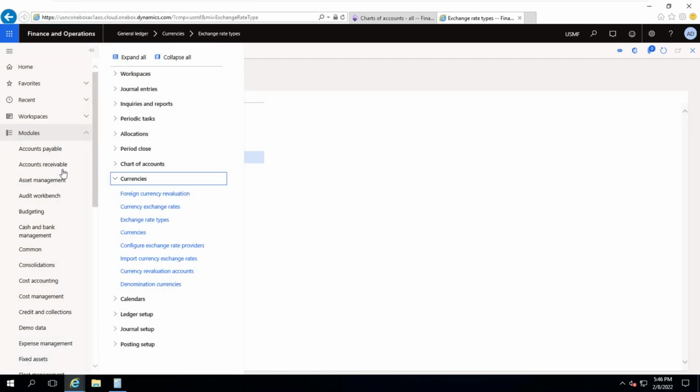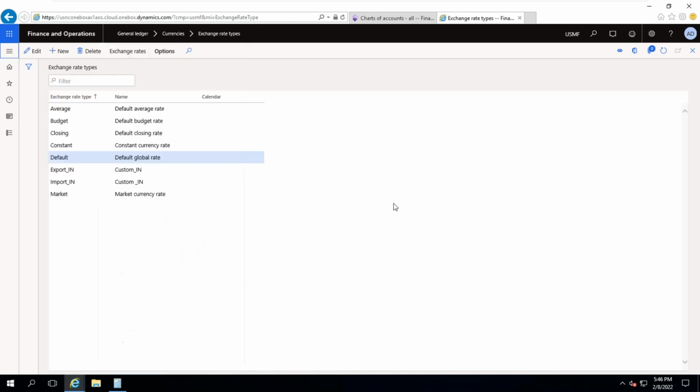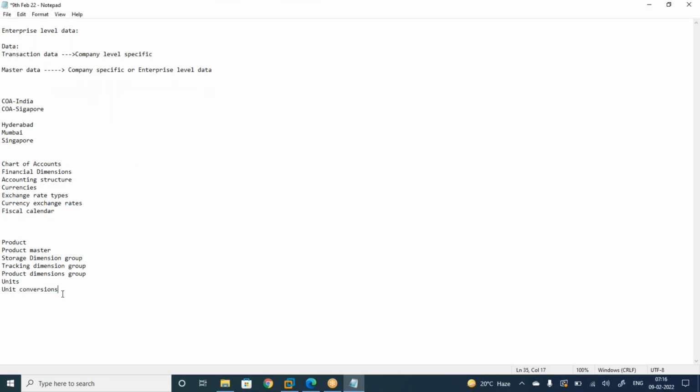How many currencies can we set up? Accounting, reporting, and functional, or can we set up more? There are three, as I discussed earlier, Nasima. You have not joined. One is accounting currency, another is reporting currency, and next is transaction currency, which will change as per the requirement.